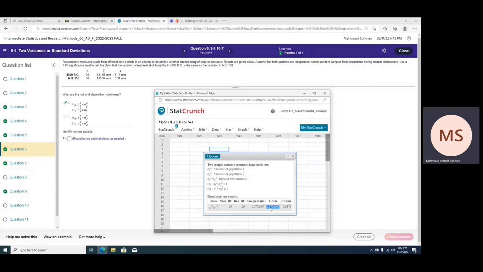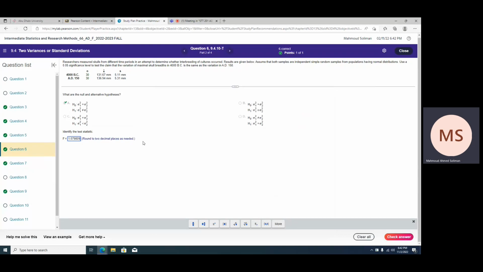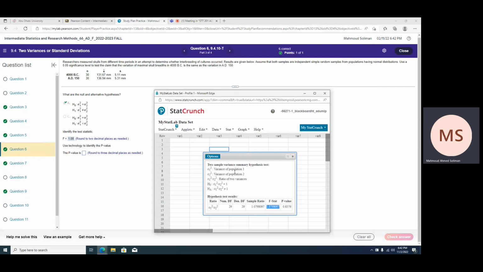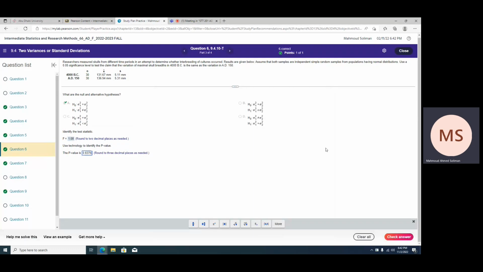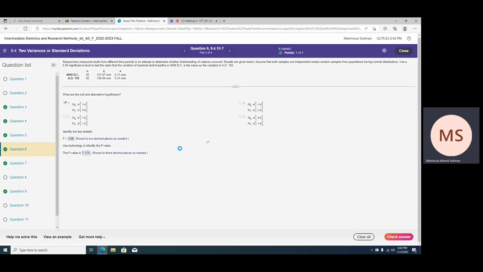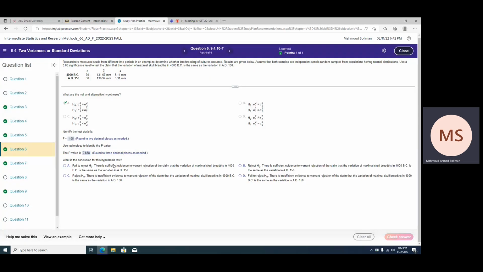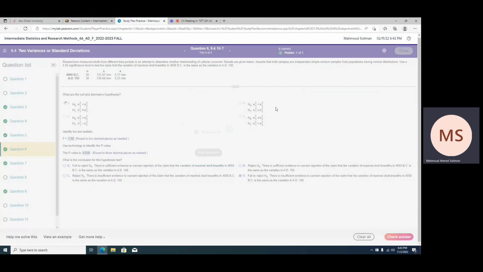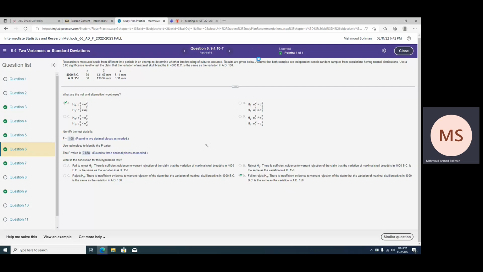First we take the greater one. Yeah, the bigger number goes first. Okay, so the p value is 0.874. It's bigger, so we fail to reject. It is not sufficient. Okay, so we finish this one and go to 9.4.